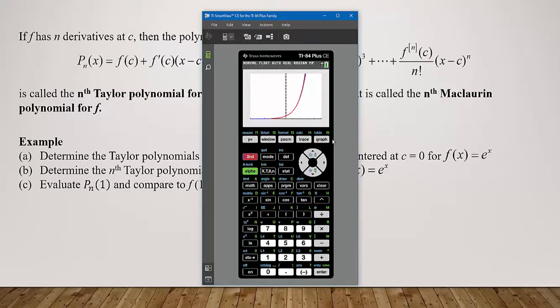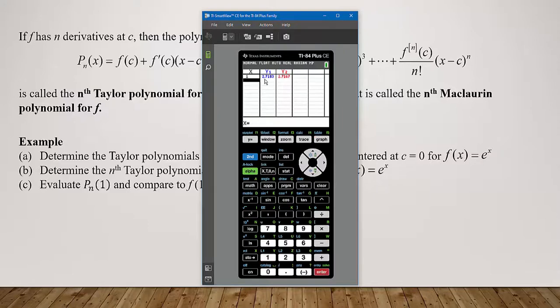So let me just do that real quick while I'm here. Let me come down here. Remember y1 is e to the x. Y sub 2 is the fifth order Taylor approximating polynomial. So let's evaluate at 1.